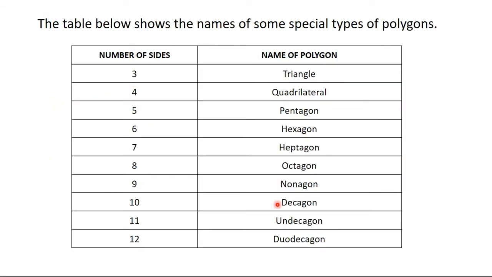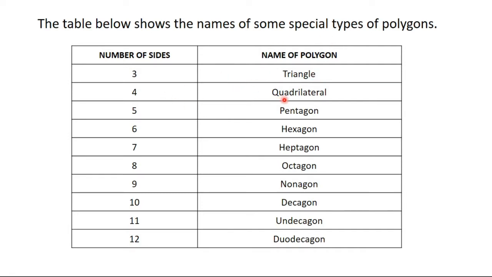Now, the table below shows the names of some special types of polygon. This is the number of sides of the polygon, and here is the name of the polygon. If you have a polygon with 3 sides, the name of the polygon is a triangle. Any closed plane figure with 3 sides is called a triangle. 4 sides is called a quadrilateral.